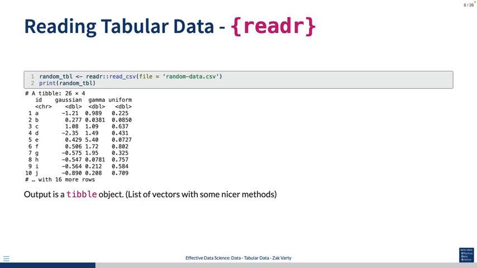So here we can see that this is a 26 by 4 tibble, and we get some additional nice properties here, like the truncated printing, where it shows us that we've got 10 rows visible here in the head, but 16 more rows that we aren't seeing. It also points out the type of each column, so ID is a character, and every other column is a double.